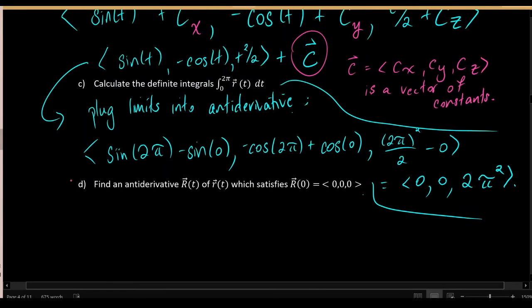Finally, for part D, they say, can you find a particular antiderivative of r of t which satisfies this initial condition. When t is 0 and no time has passed, I want the antiderivative's output to be equal to the 0 vector.